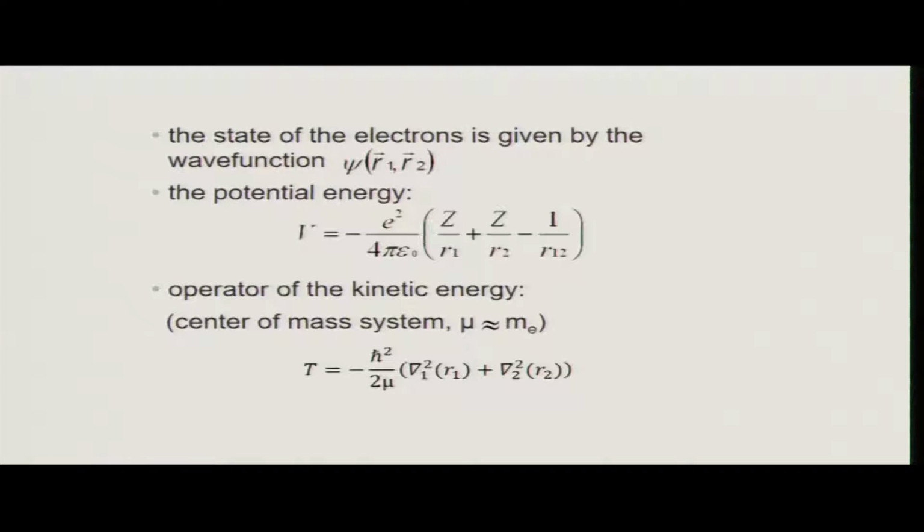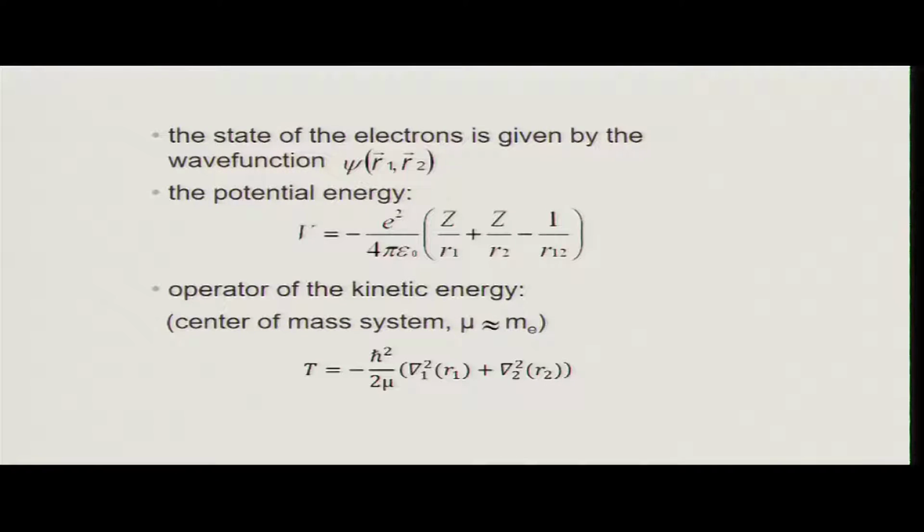The state of the electron is given by the wave function, which depends on R1 and R2, and the potential energy is a function of R1, R2 as well as R12.